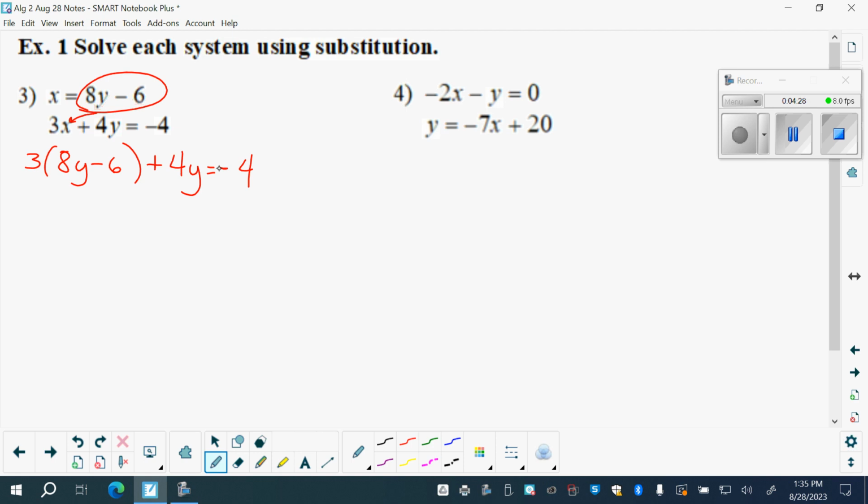So what would we do next to solve that? Distribute. This is 24y minus 18 plus 4y is -4. Ryland, tell me what we do next.